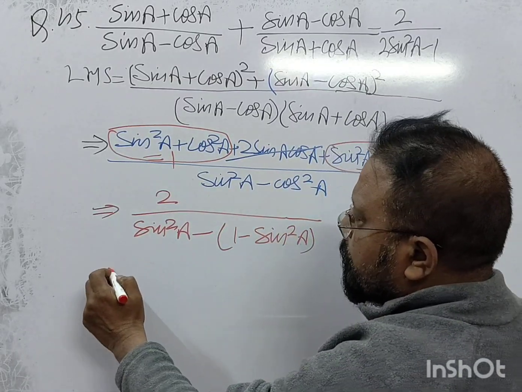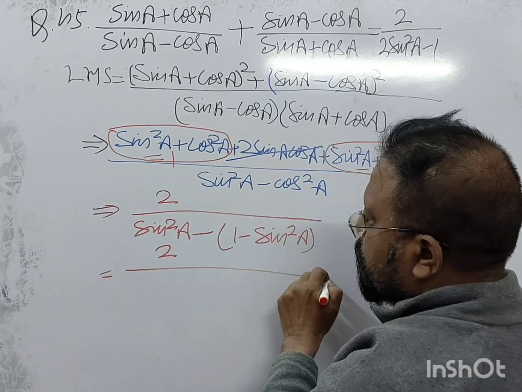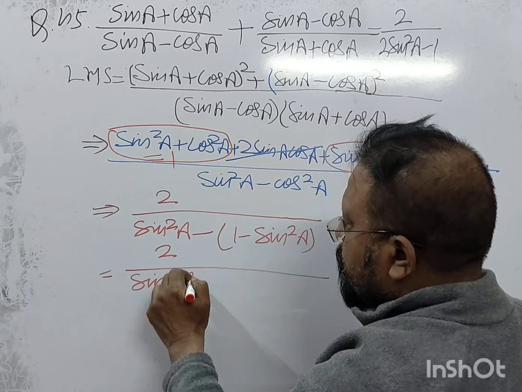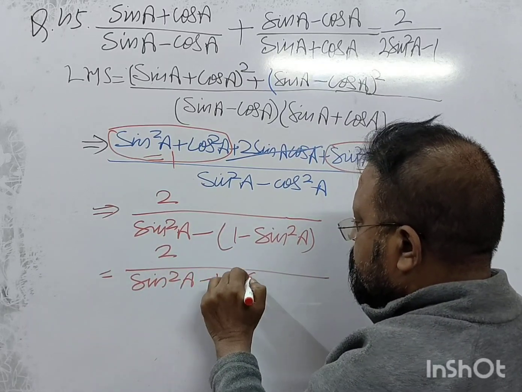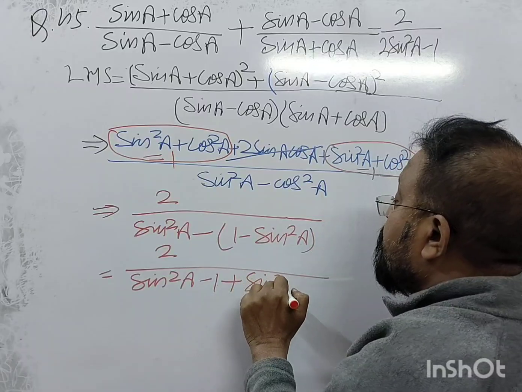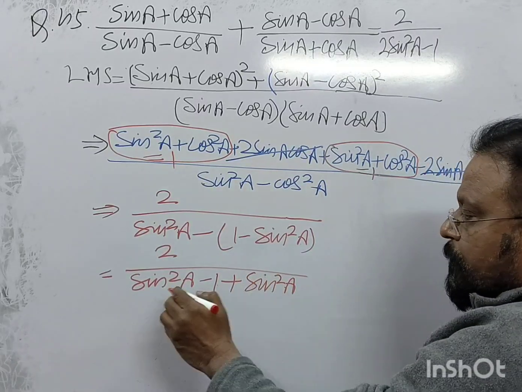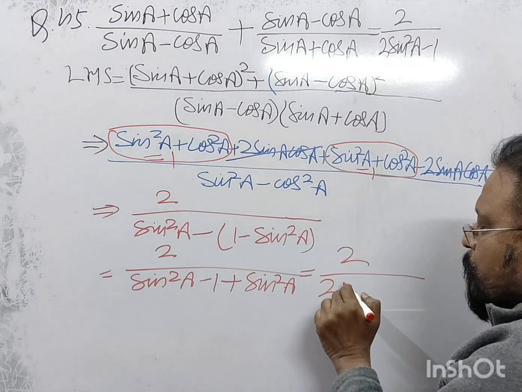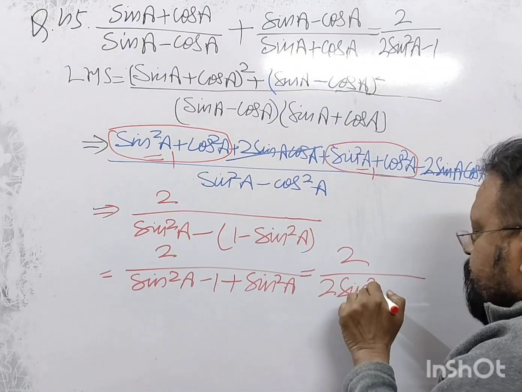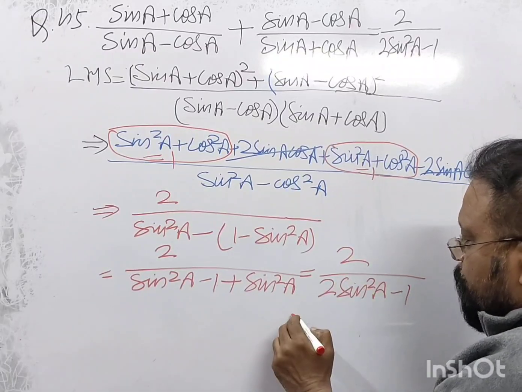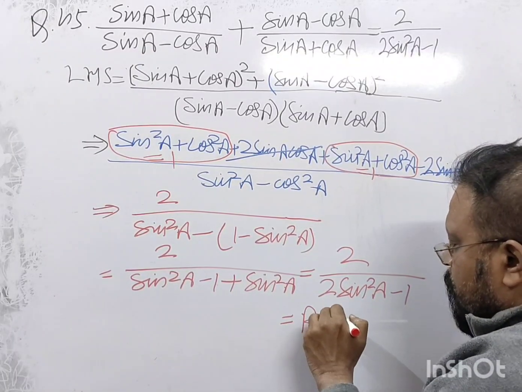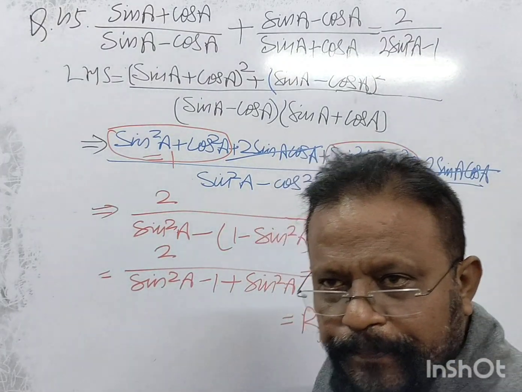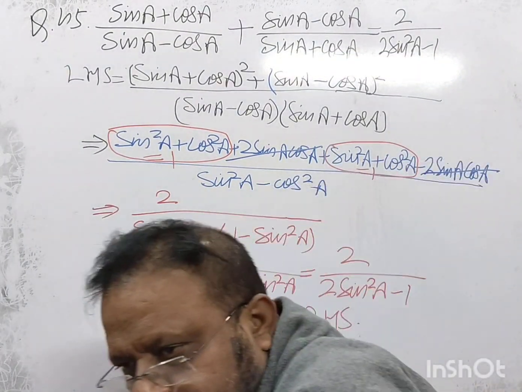So what you do here, 2 upon sin square A minus 1 plus sin square A. So it comes 2 upon 2 sin square A minus 1, which is equal to RHS. Did you do this? Yes. This much? Okay.